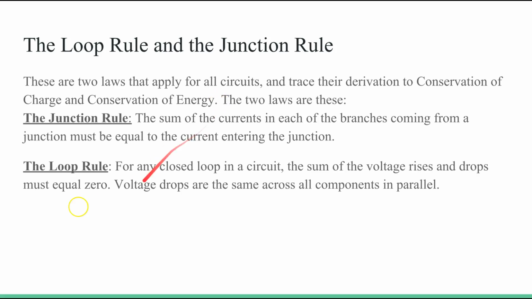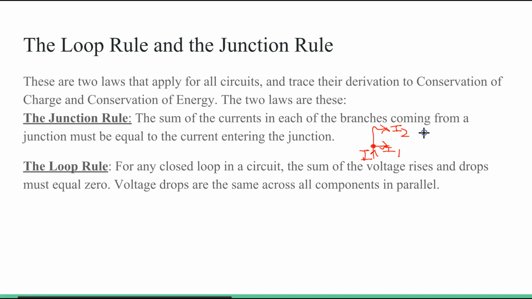I'm going to use my drawing tool. Suppose you had a branch like this. This is current I. Again, we use I for current. It'll split at this junction over here, so you have I1 and I2.